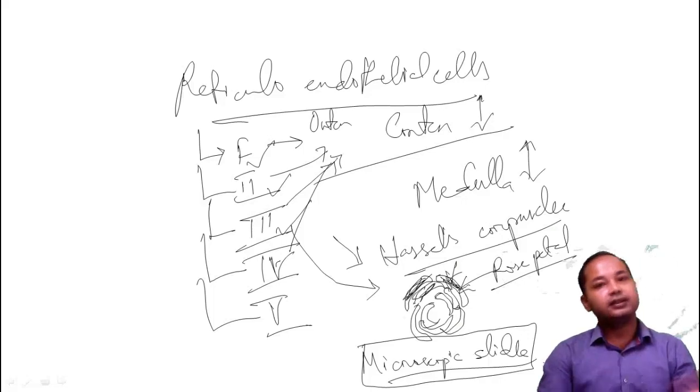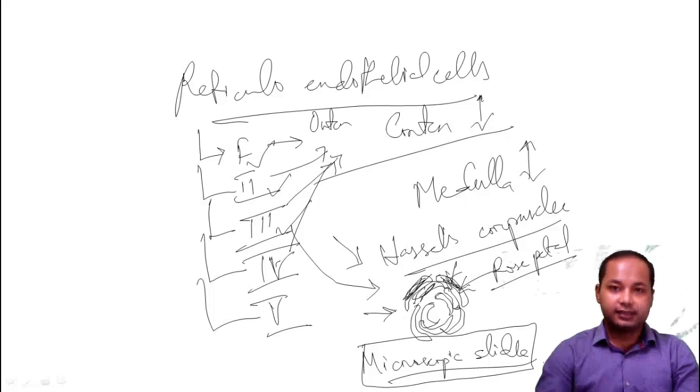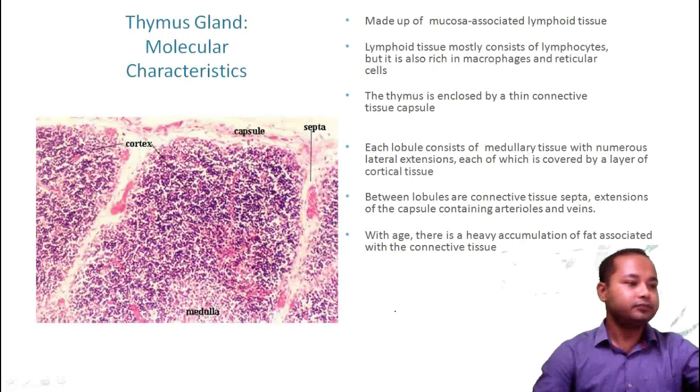Cortex and medulla are present in the lymph node also, and because the thymus gland is very big, some part of the medulla may not be visible. But the important thing you have to see is that the reticuloendothelial cells are arranged in the form of a whorl, which is very much visible in the thymus gland, and that is called the Hassall's corpuscle.